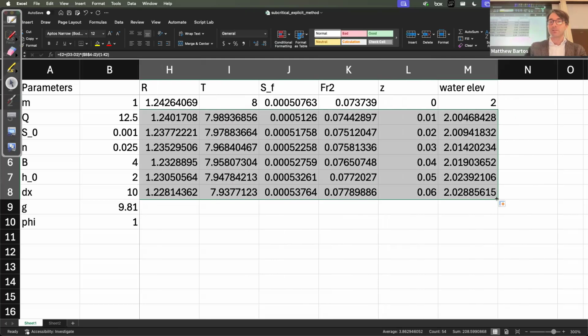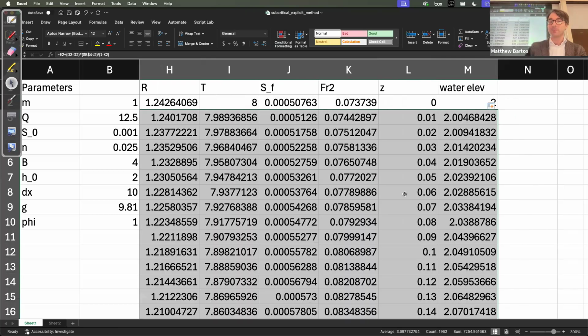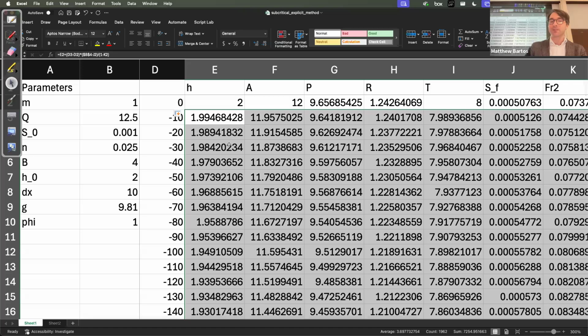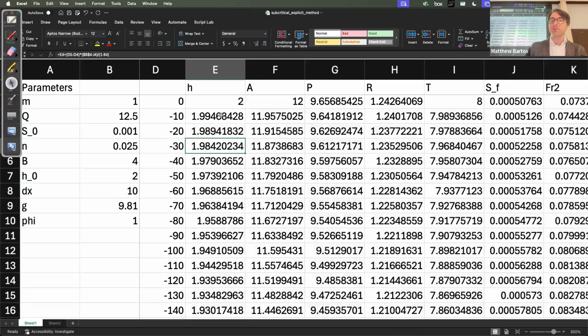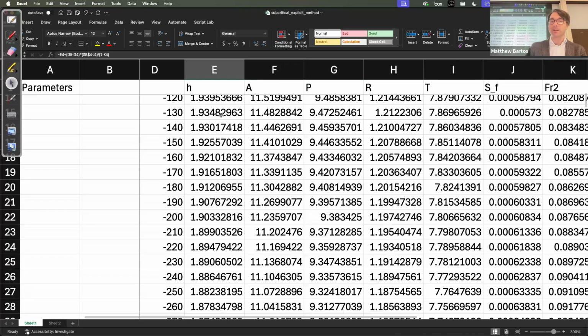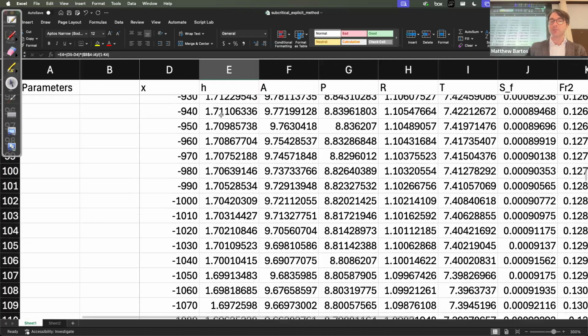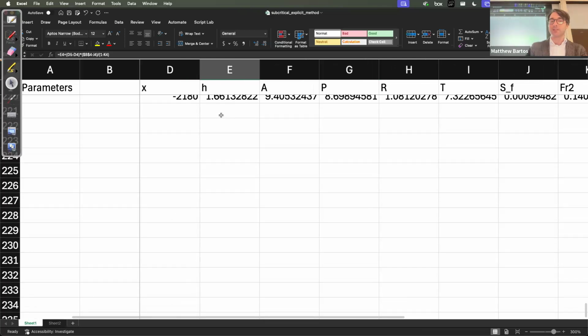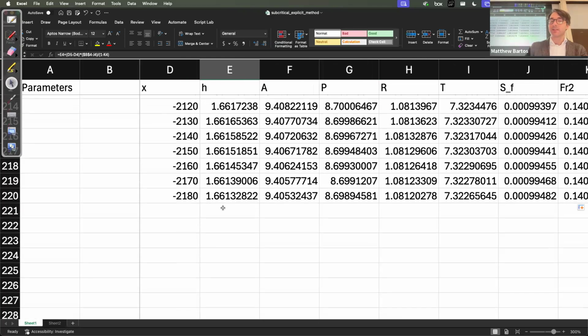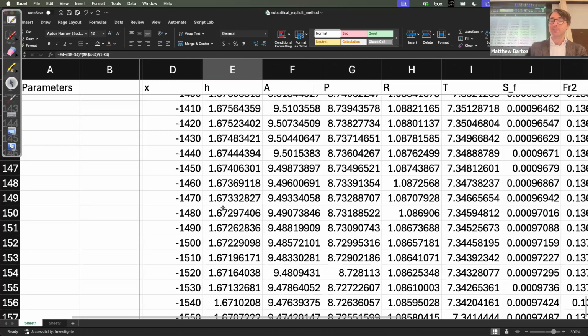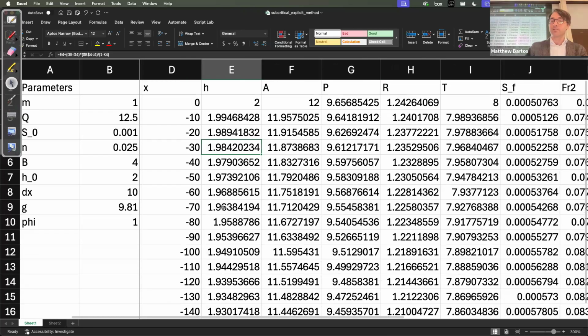And now I'm just going to double click this little icon here in the bottom right, and it should populate the rest of the cells. So you can see as we move upstream, that depth is decreasing. And we can follow it all the way down if we like. You'll see it starts to kind of tail off. So these are the computed depths.